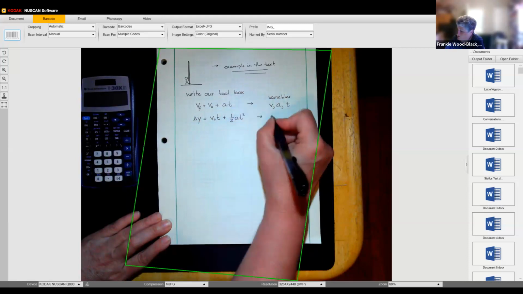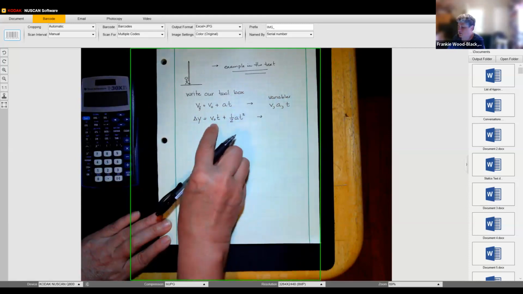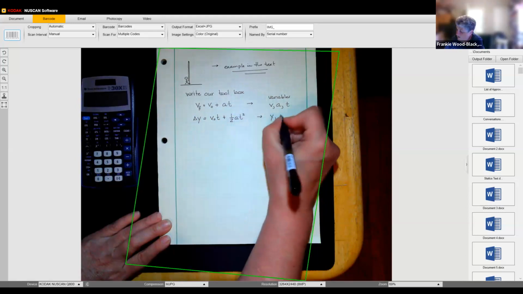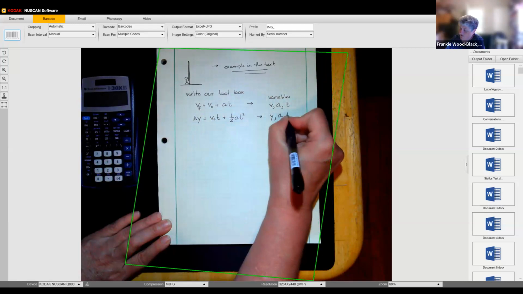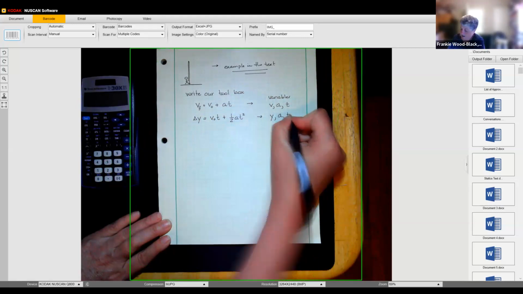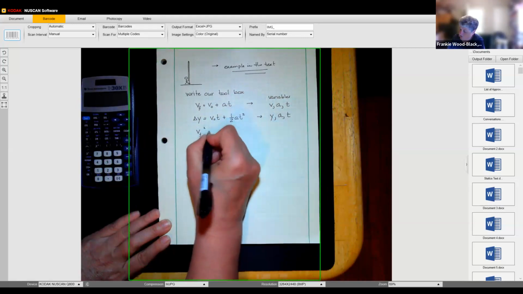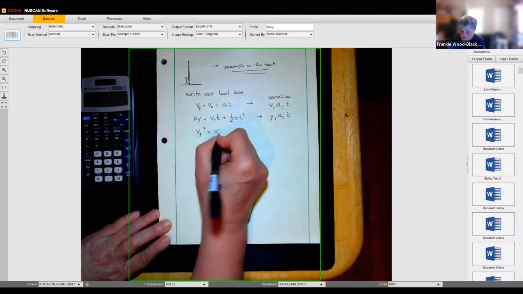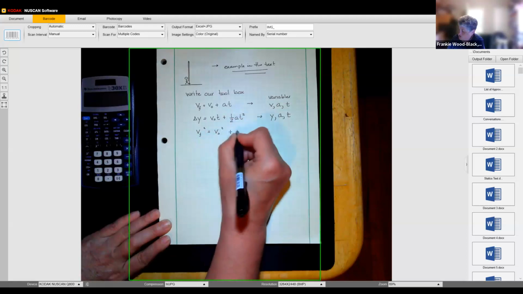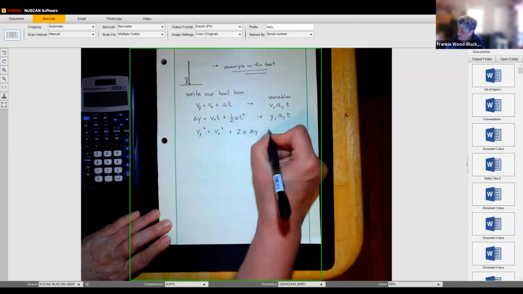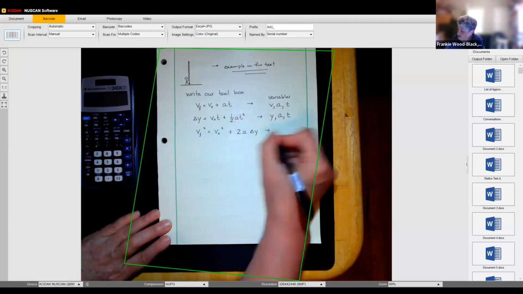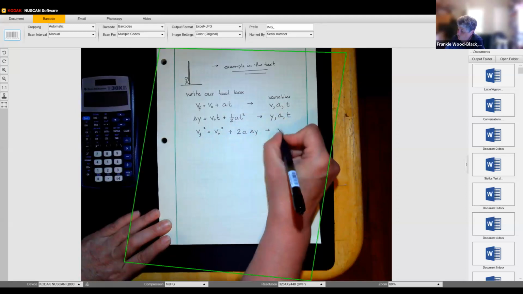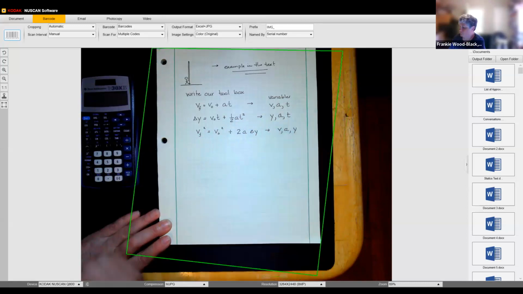This has variables, since that's an initial velocity, it's not a variable, so this has variables of Y, A, and T. And I have velocity final squared is equal to velocity initial squared plus 2 times my acceleration times my change in Y. This has variables of V, A, and Y.